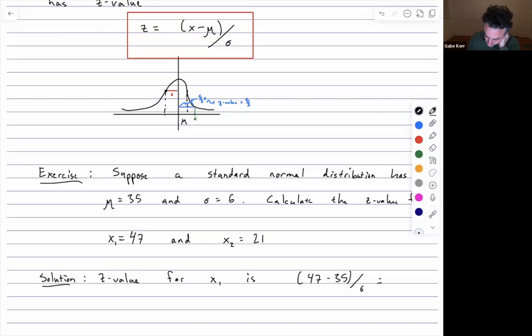So that's equal to 12 over 6, which is equal to 2. Now what is this telling us? This is telling us that 47 is 2 standard deviations away, not just away, but beyond the mean.